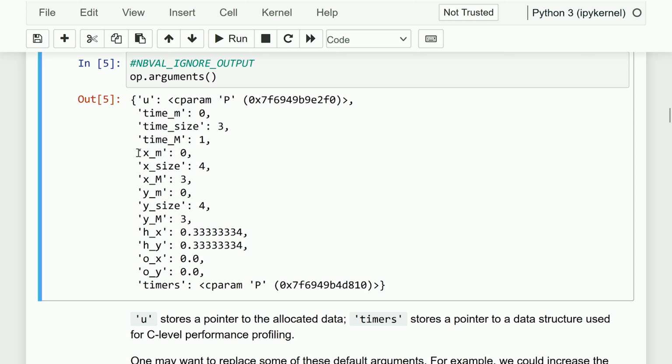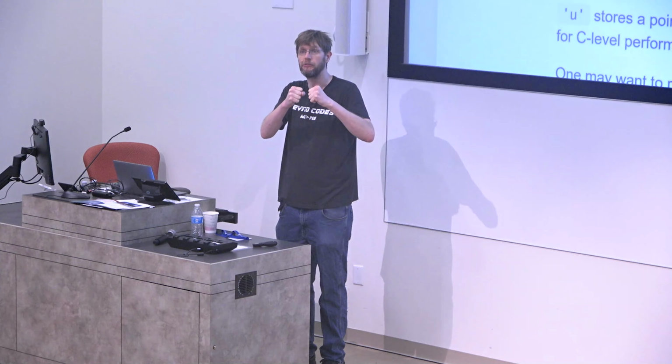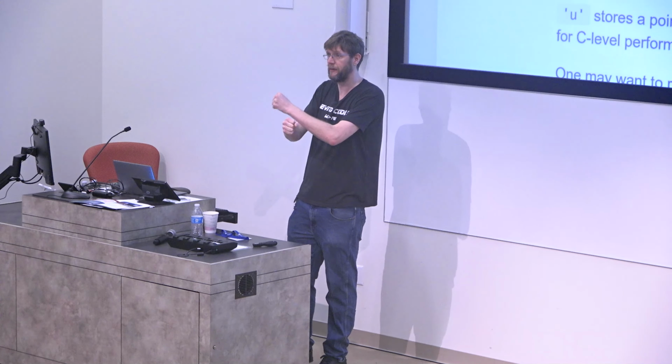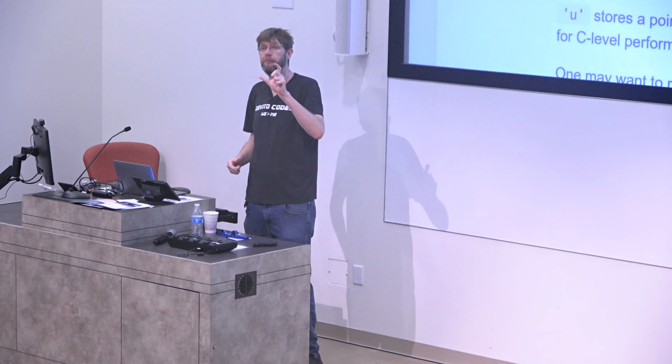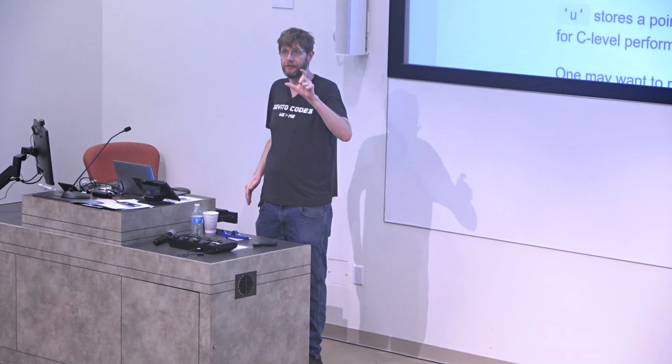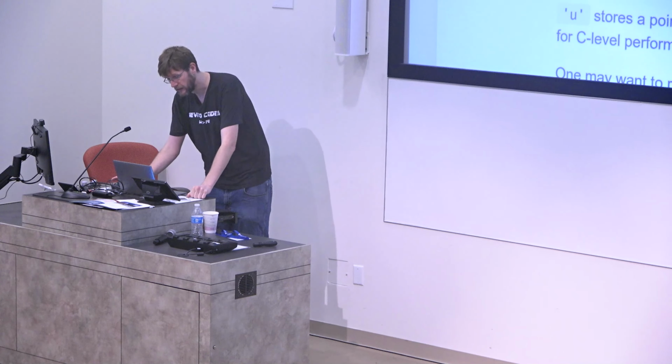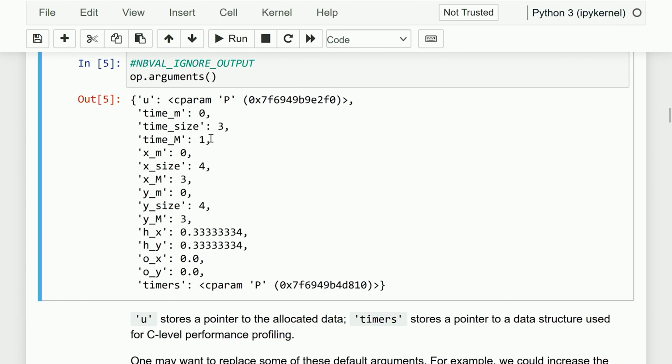So the first time step is time step 0, which is going to fill the memory buffer at time equals 1. Then we run time equals 1, which is going to fill the memory buffer at time equals 2. And so we've used up our three buffers in the time dimension by executing those 2 iterations. That's why Devito has picked these, because we defined time size to be equal to 3.